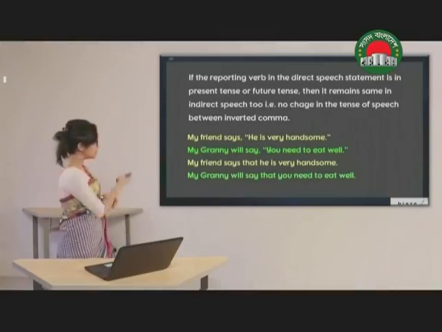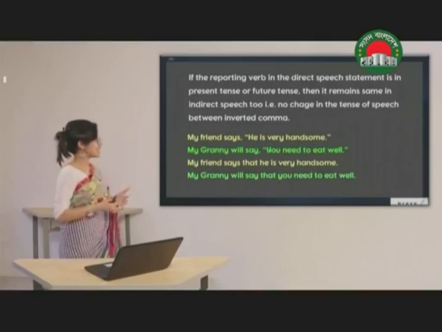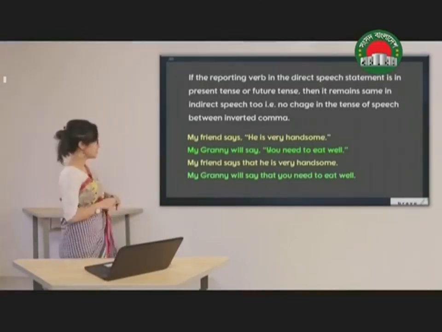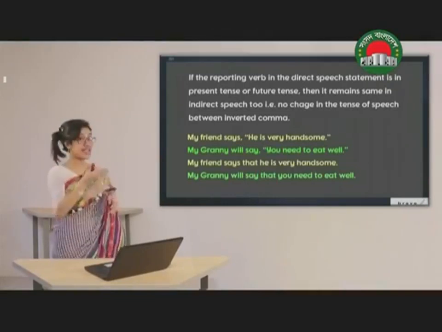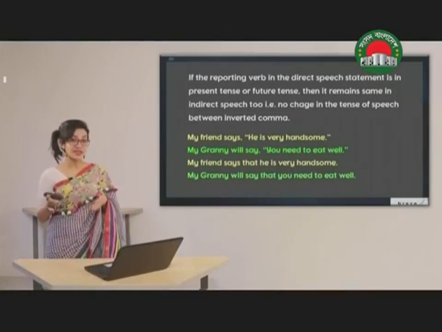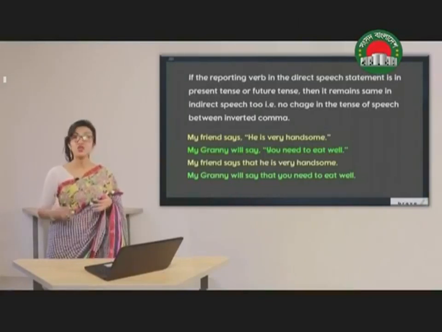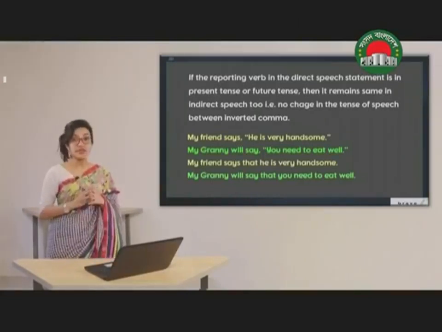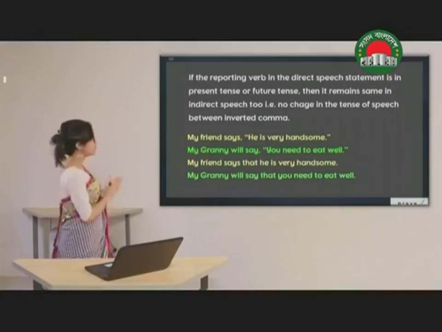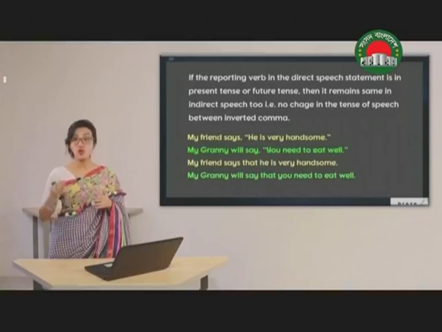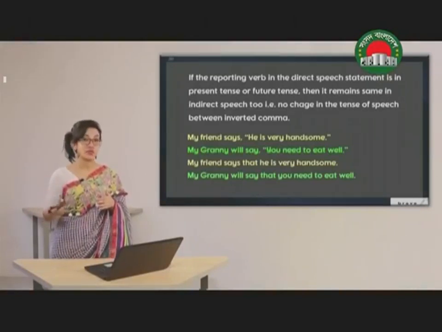The answer is given as "My friend says that he is very handsome." Here, "he is" remains the same. It has not been changed into past tense. What is the reason? I have already mentioned that if the reporting verb is in present tense, then you are not going to change the tense of the reported speech.